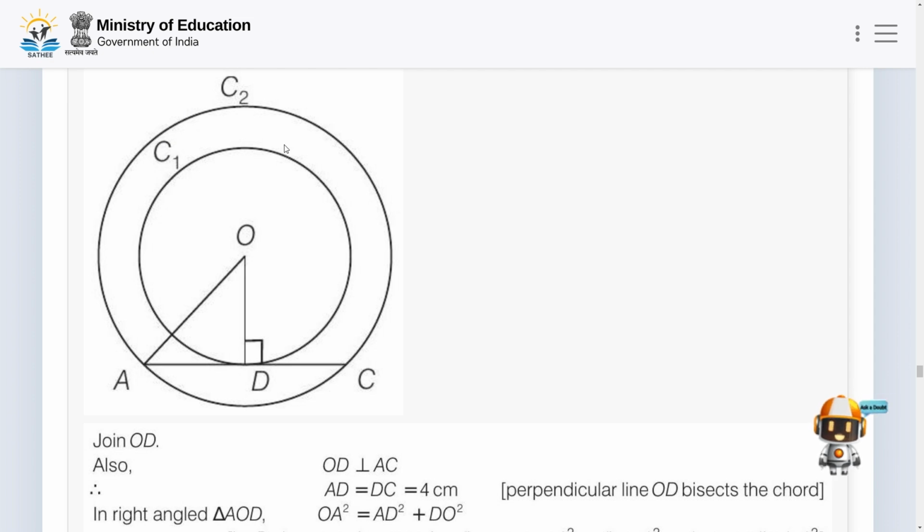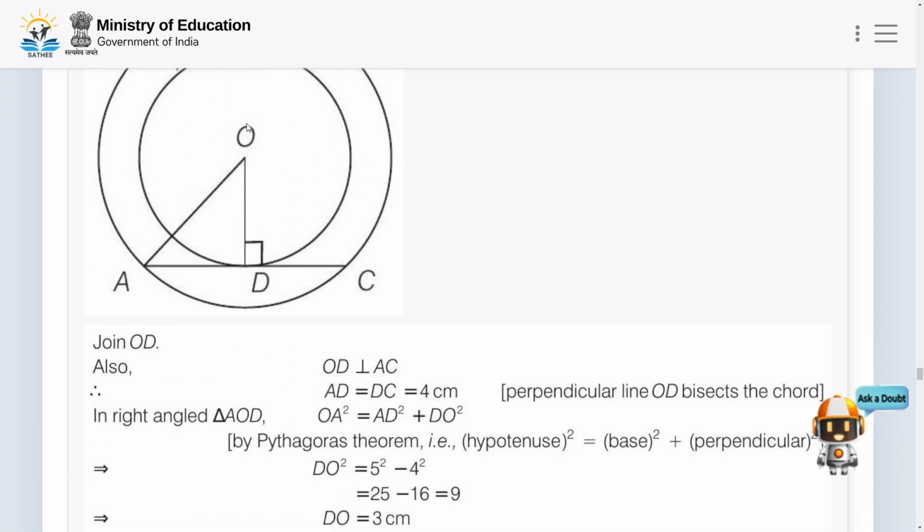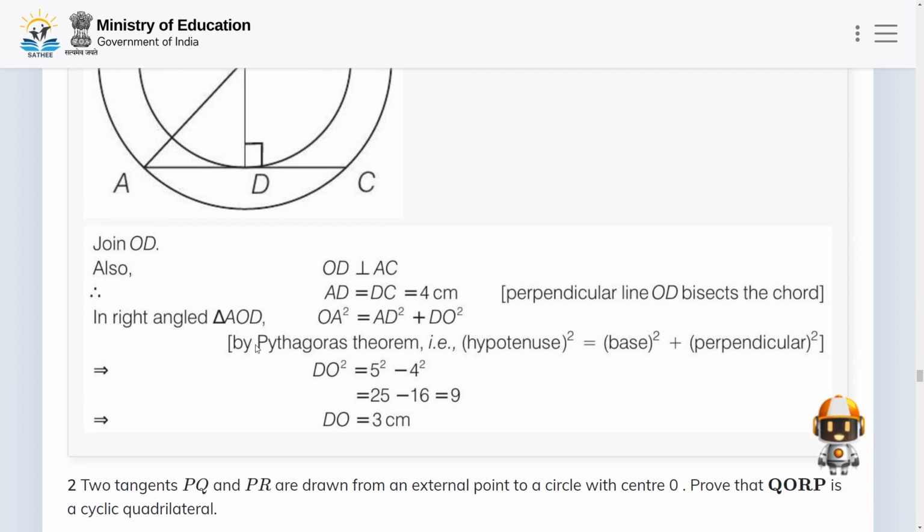This is circle C2 and this is circle C1 with center O. Now we join OD, and OD is perpendicular to AC, since OD is the radius and AC is the tangent passing through the point of contact D. So this angle is 90 degrees, and triangle AOD is a right angle triangle.